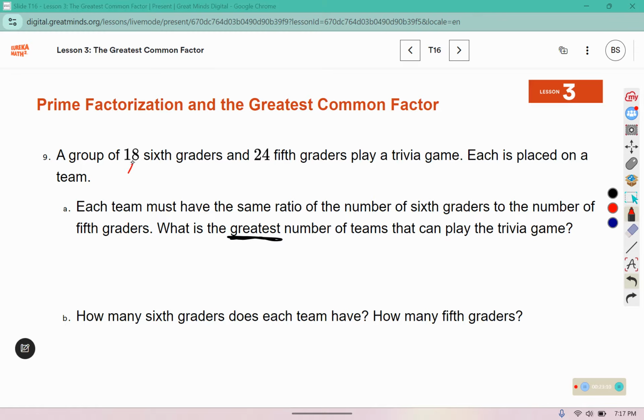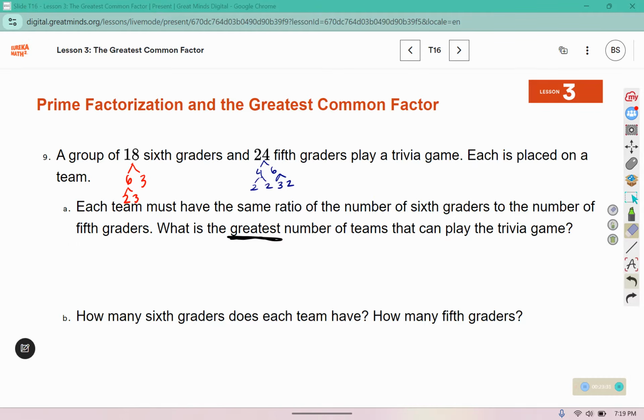18 can be split into 6 times 3, and 6 can be split into 2 times 3. 24 can be split into 4 times 6. 4 can be split into 2 times 2, and 6 can be split into 3 times 2.